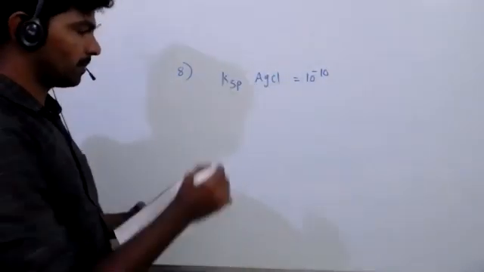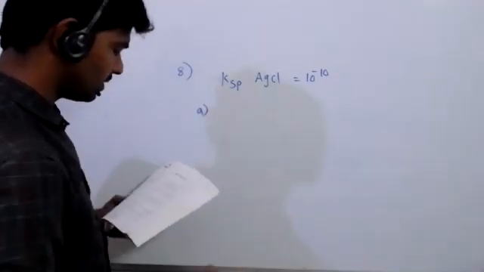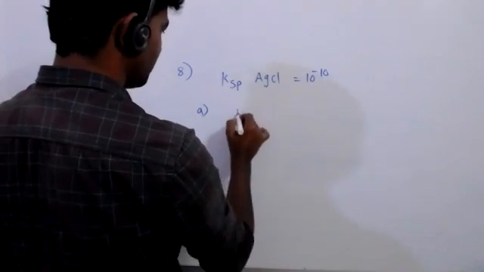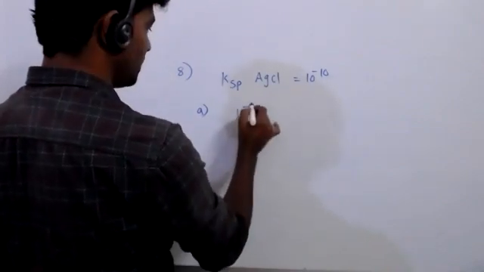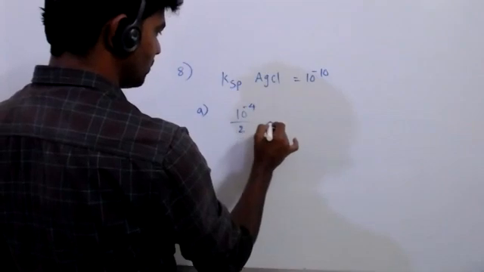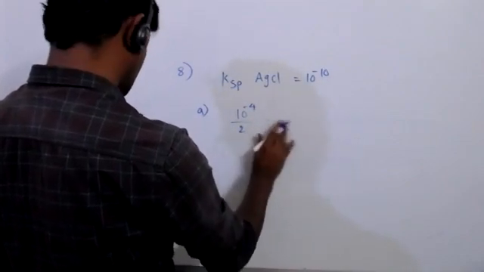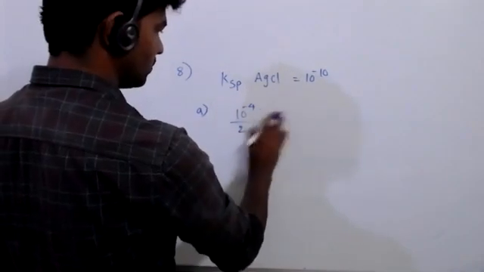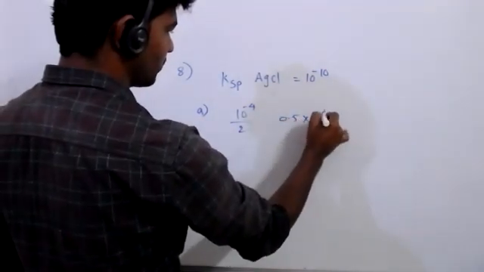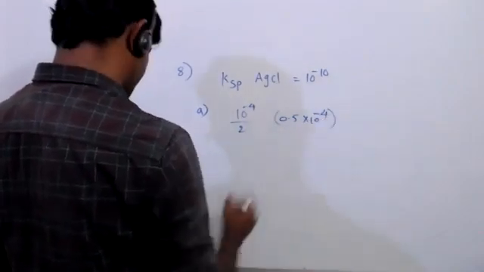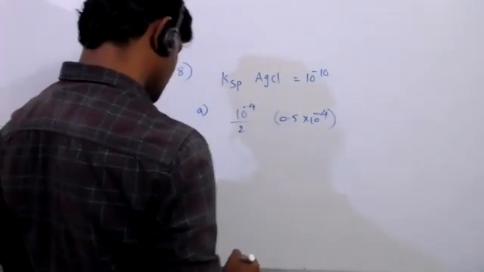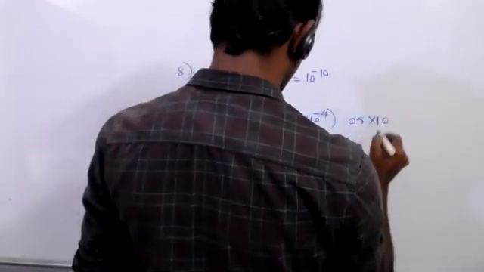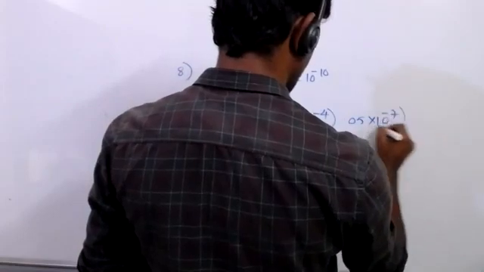Let's check option A. Separately, individually take the concentration of Ag in option A, 10 power minus 4, divided by 2, that is 0.5 into 10 power minus 4. HCl concentration is 10 power minus 7, divided by 2, that is also 0.5 into 10 power minus 7.